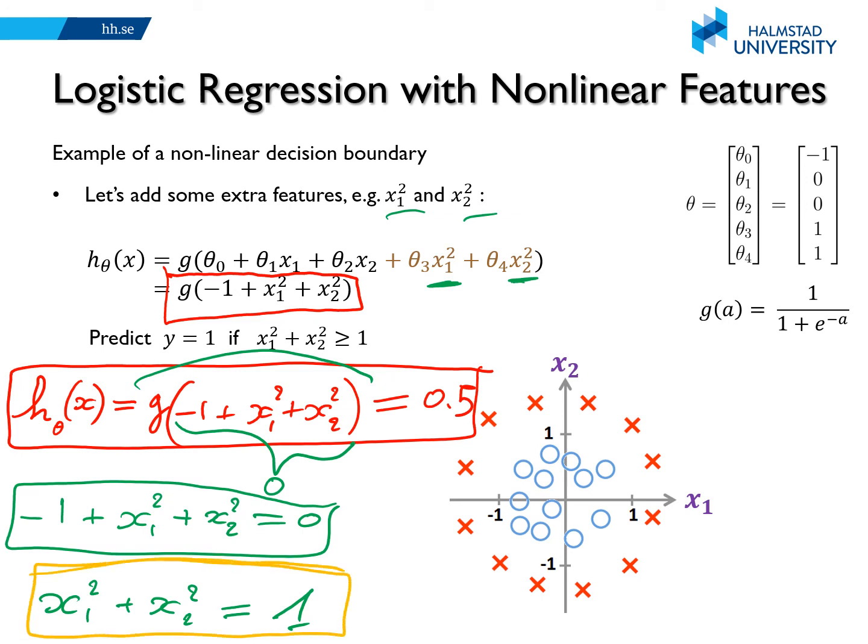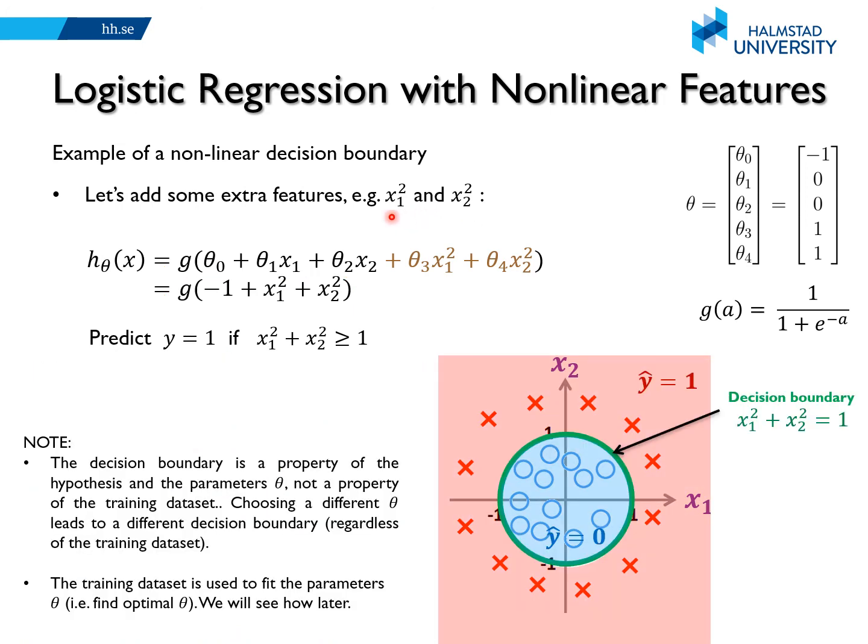If you look more closely, this is the equation of a circle which has radius 1. So our decision boundary is this circle of radius 1. Just by adding these two extra nonlinear features based on our original features, we were able to define a nonlinear decision boundary, which is a circle in this case, given this parameter vector.